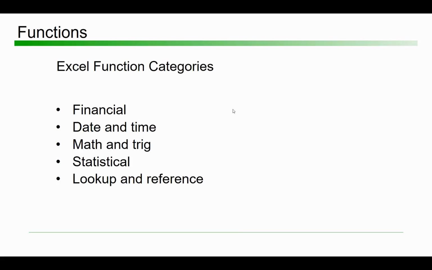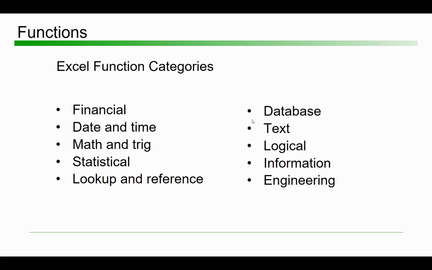There are functions related to financial calculations, conversion between dates and times, just some simple math and trigonometry functions, those that are related to statistics, and even functions that allow you to prepare tables and look up values from those tables. So let's try some of those out.